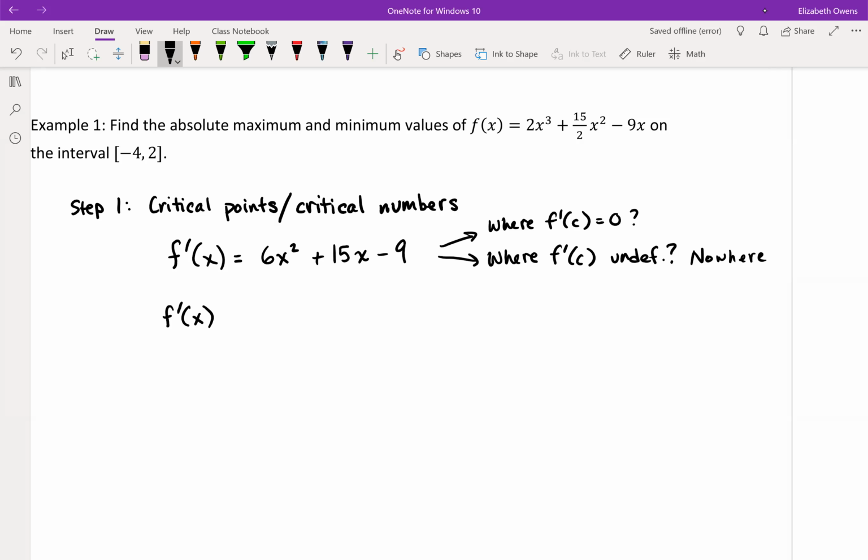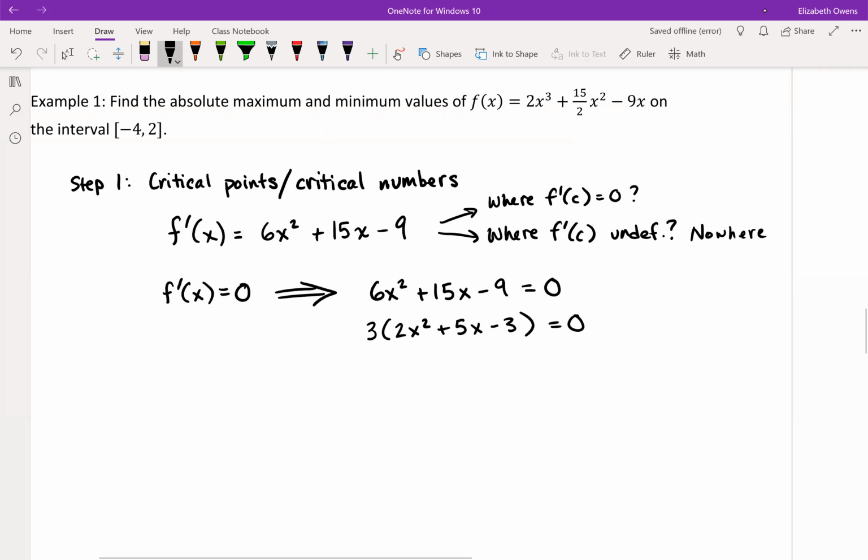So make it equal 0. All right, 6x squared plus 15x minus 9 equals 0. And we can totally do some factoring here. We can factor out a 3 for starters. Take a 3 out of everything. And then this quadratic can also be factored.